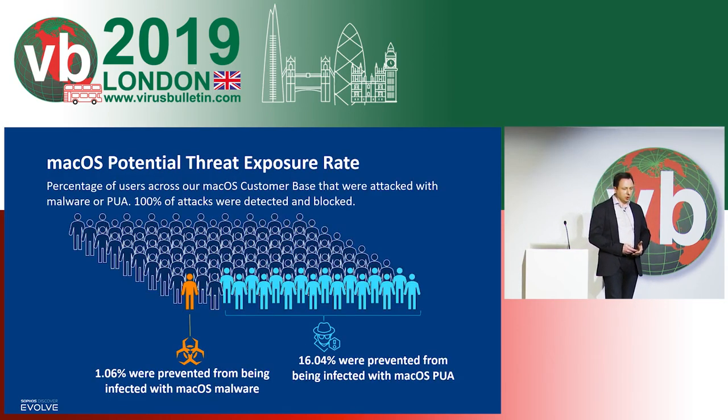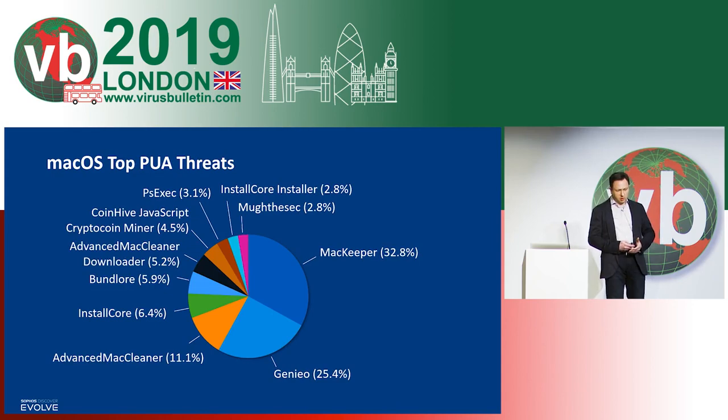Because we get the telemetry, we understand the threat exposure rate, that is how many customers have been attempted to be infected where a product has blocked the infection. And if you look at the number of PUAs, you'll see that around 16% of the customers were prevented from being infected, while 1% corresponds to malware prevention.